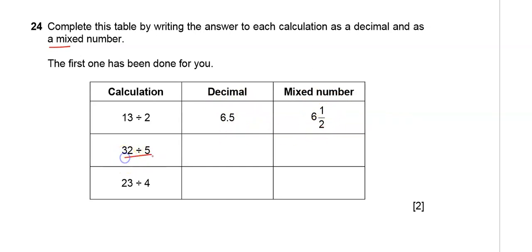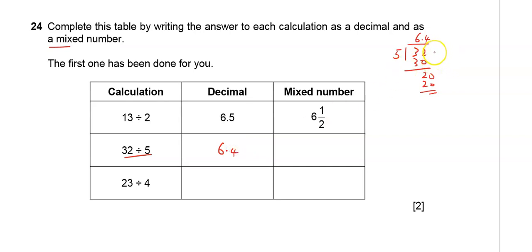What about 32 divided by 5? 5 goes 6 times into 30, remainder 2. Then 0.4, so 4 times 5 gives us 20. So the decimal here is 6.4.